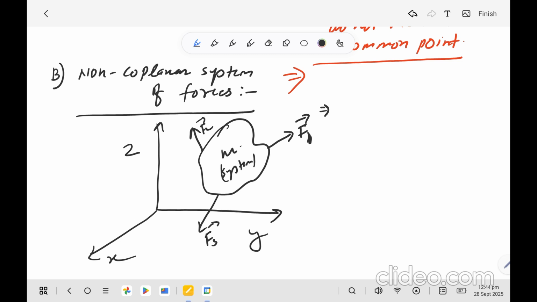Now the motion of this object is not restricted in a given plane, but can be in different planes. It means at a given time we need to define the motion of particles by considering the components in different planes. Let's say F1, F2 and F3, all acting forces on the object, do not lie in a single plane.